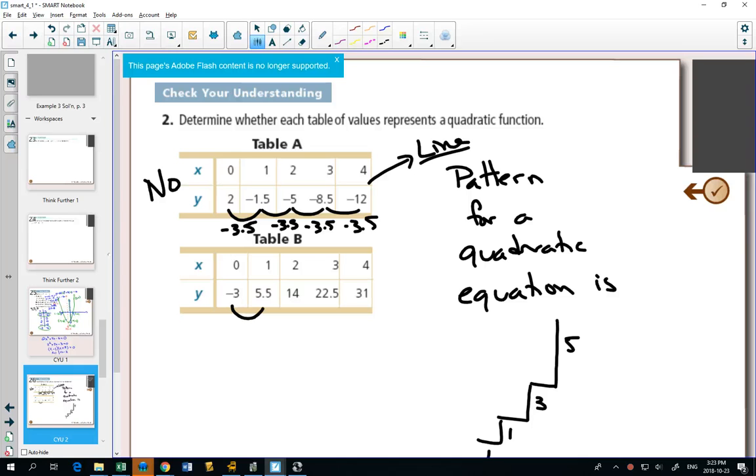What's happened here? We went up 8.5, then 8.5 again, and again, and again. It's always going up the same amount.